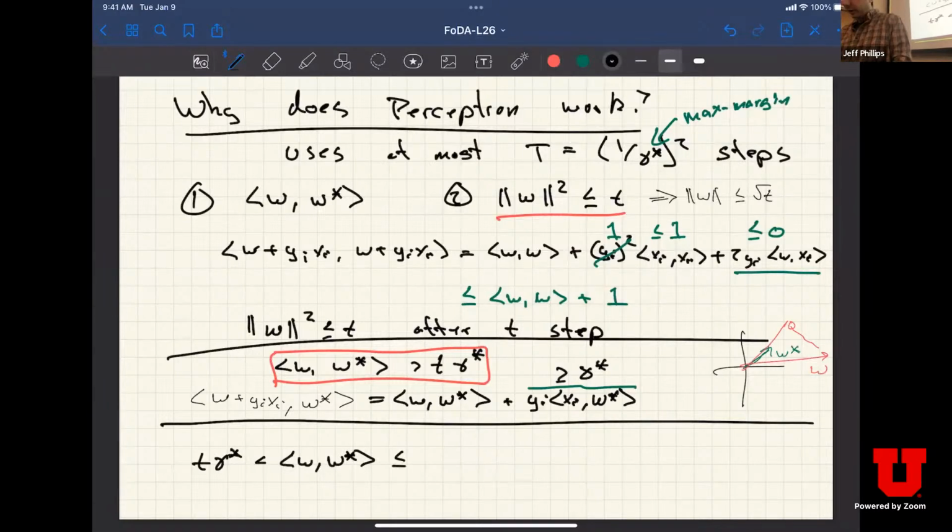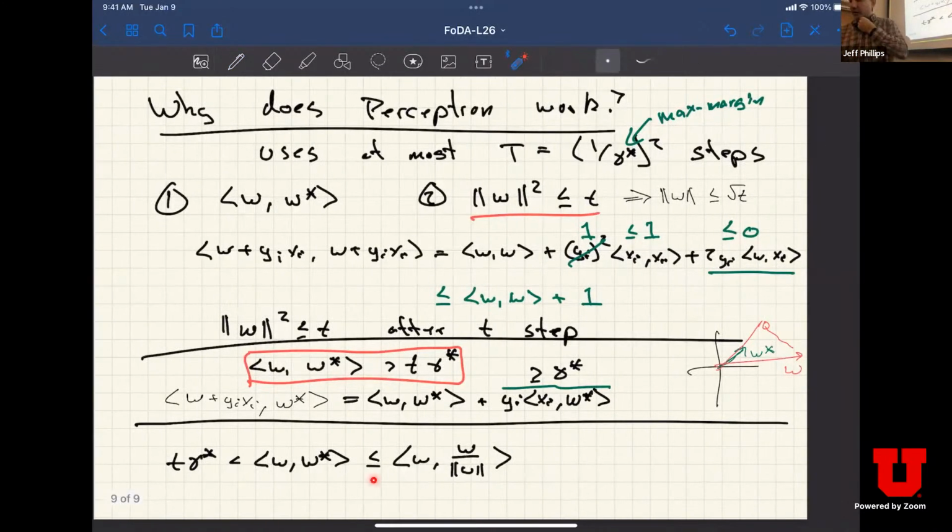This is less than or equal to the norm of W. I know the dot product of W with some unit vector is always less than W times the unit vector in the same direction.